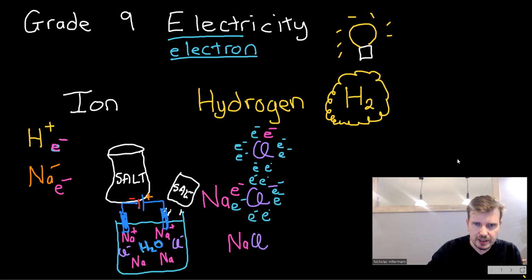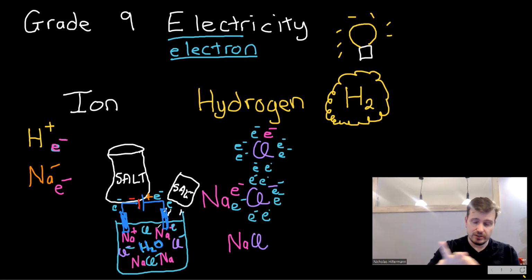These negative chlorine ions, we could think of those as carrying electrons. And so the electrons are allowed to flow around this solution, which is a nice way to bring us onto electricity.